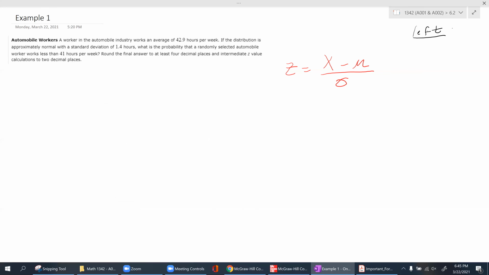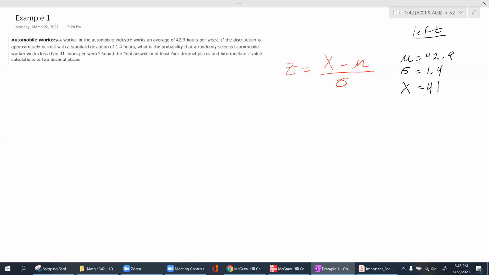The main thing you want to do with these is write down exactly what was given to you. It works an average, so my mean is 42.9. The standard deviation is 1.4, and my x value, my focus value, is 41.